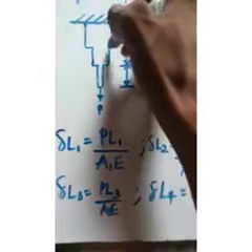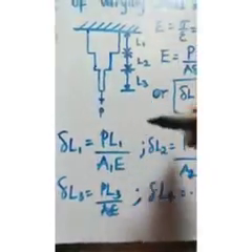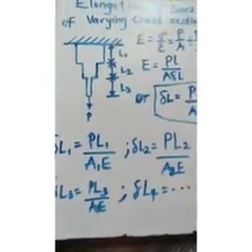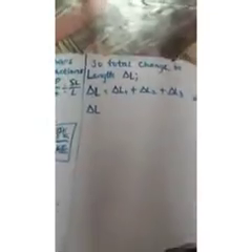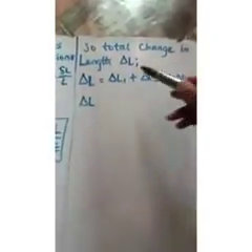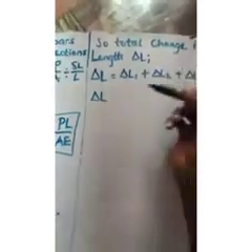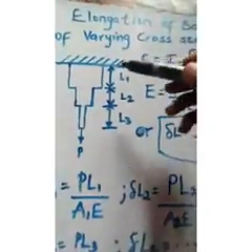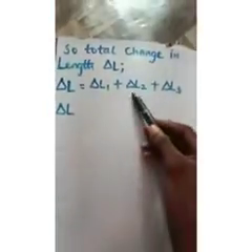So now combining the total length together, because they are acting alongside each other, the total change in length will be given as the addition of change in L1, L2, L3.